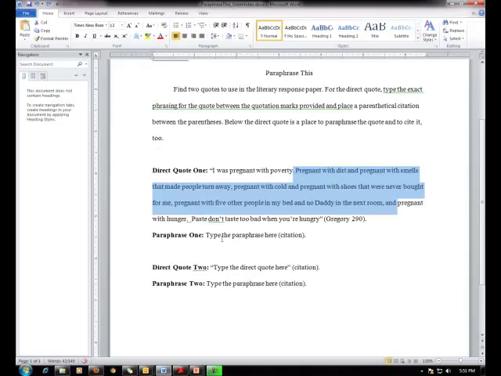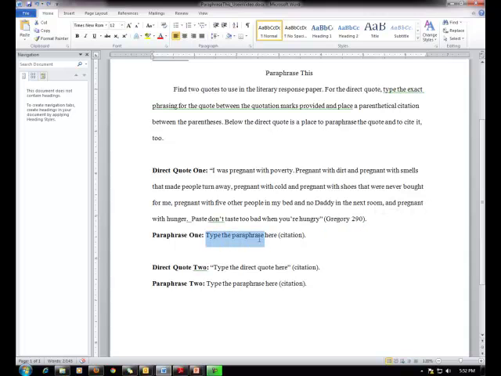Let me also go back to this paraphrase this exercise. Part of the next assignment that you're going to be completing is to actually do the paraphrase this for your writing assignment. And so you need to download that file, and you need to provide a quote, the exact wording from the original quote, and you need to provide that citation at the end.